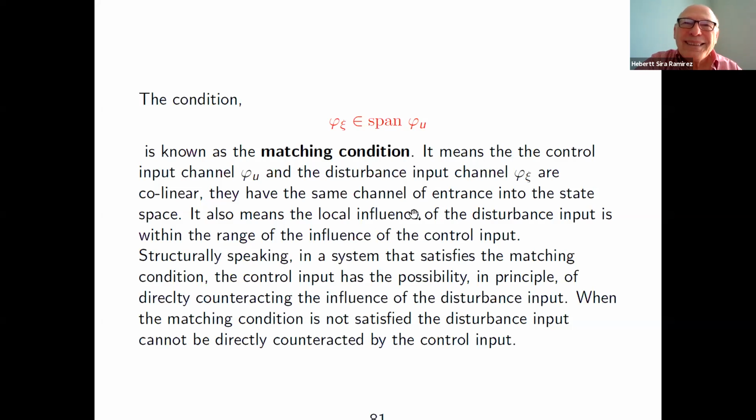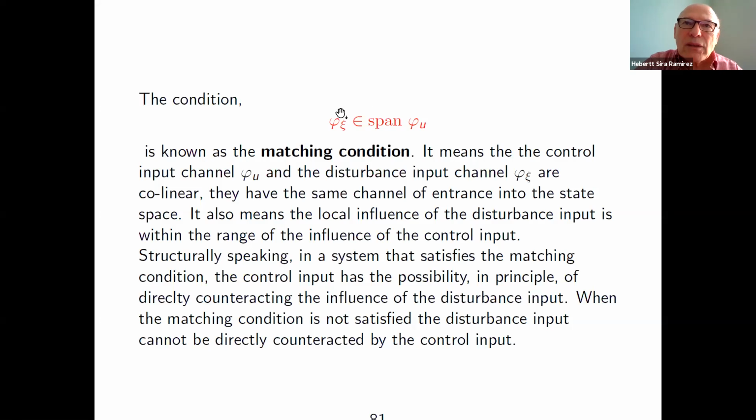Professor, could I ask a question? Do you mean that if the matching condition is satisfied by the system, the input could add a bias to compensate for the disturbance effect on the system, right? Could I understand your matching condition meaning, right? Let me see if I understand your question.